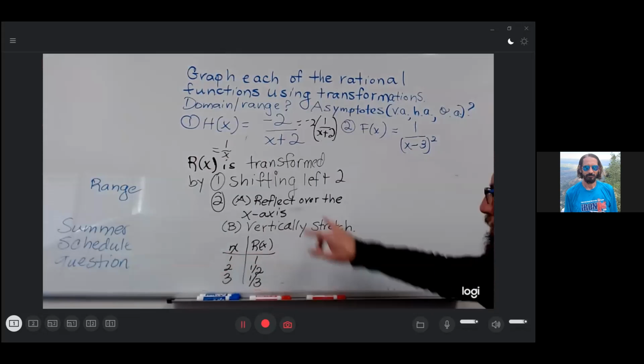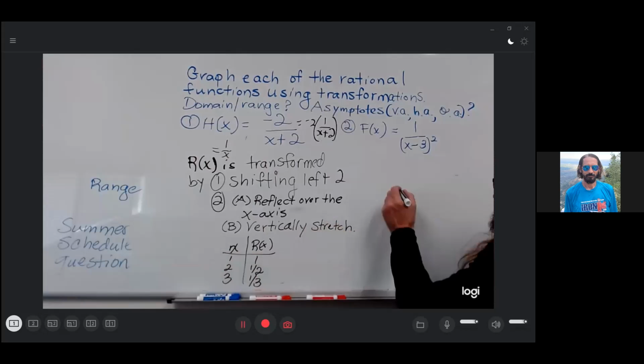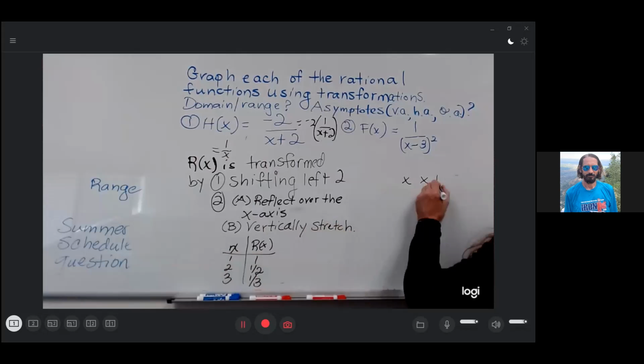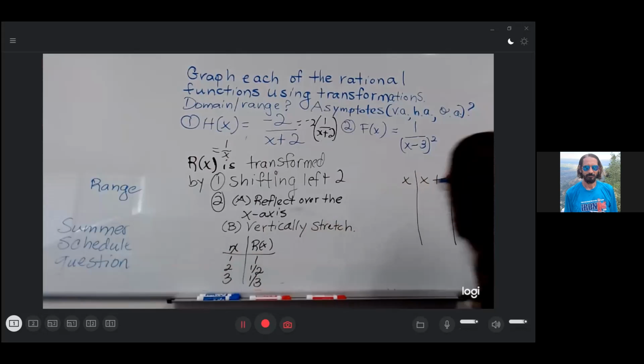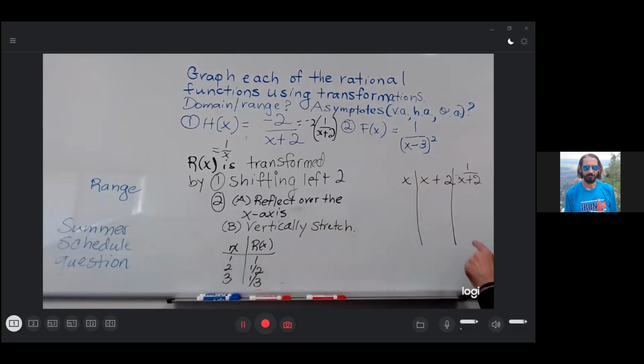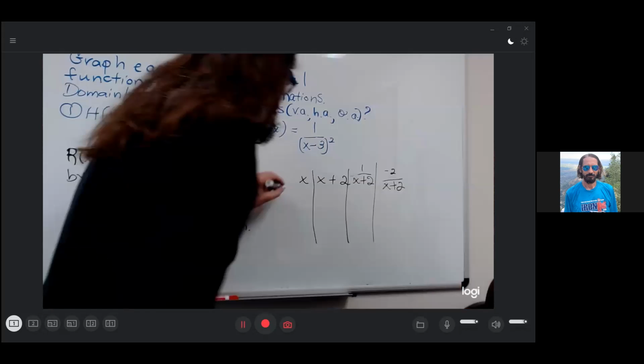But if we're shifting left, and we want to get the same y values before we do the reflecting over the x-axis and vertically stretching, well, here's what we're going to have.